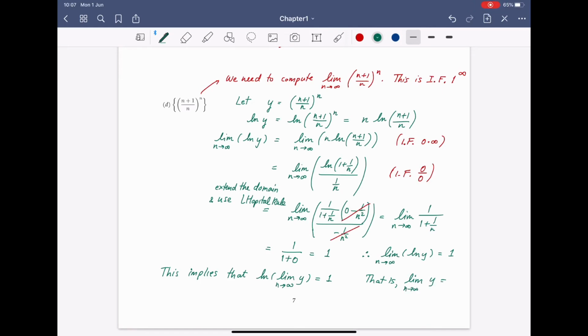This is just e, right? Because the logarithm of this thing is equal to 1. So that means the thing that I highlighted in yellow here must be just e.